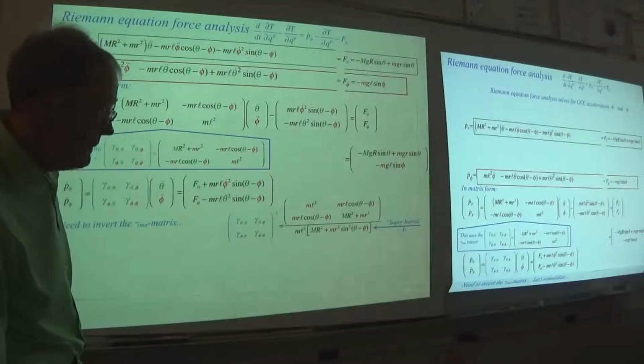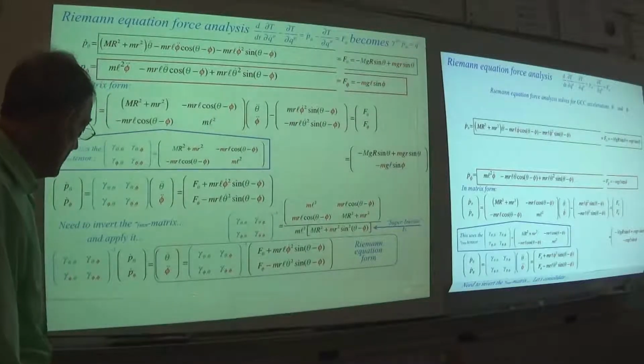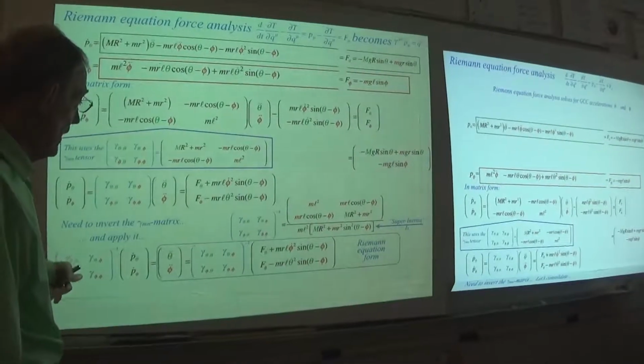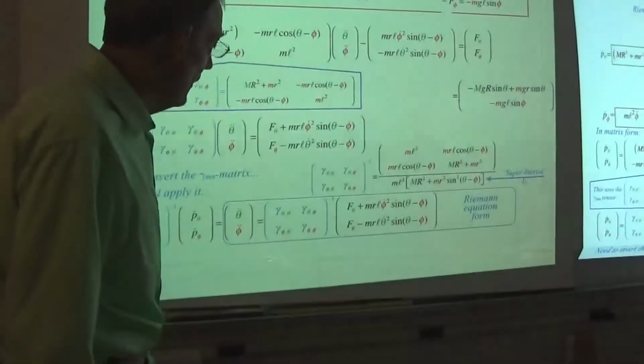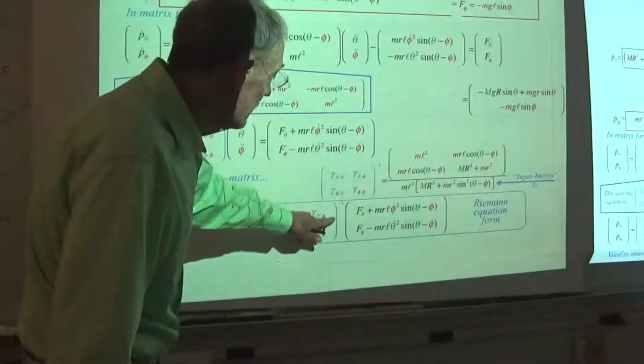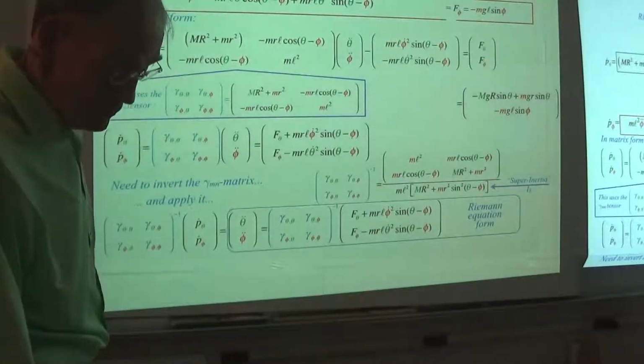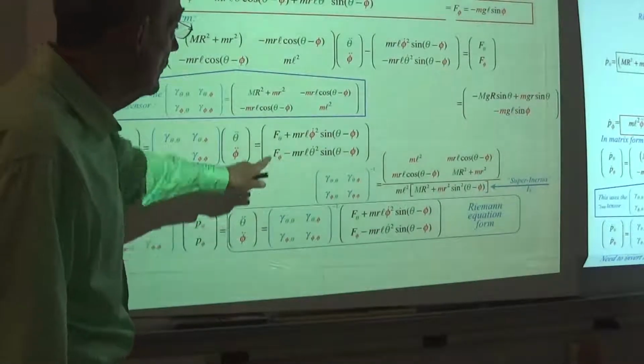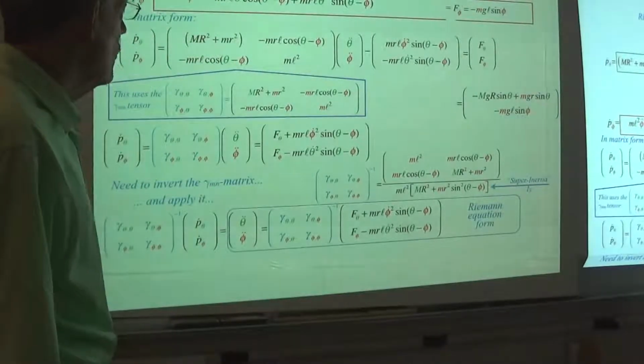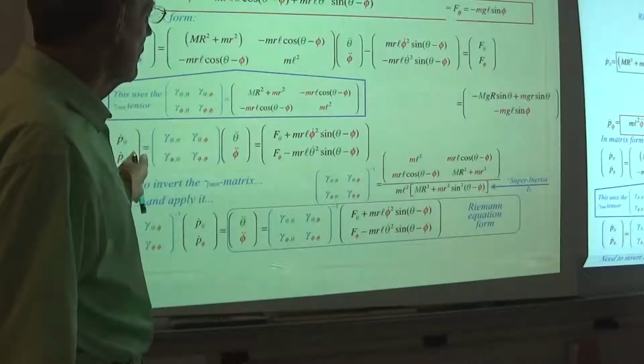So I've got to multiply by the inverse of this. I then end up with the inverse of the force relations that we already had. That's this, you might call it the inhomogeneous term of this differential equation.